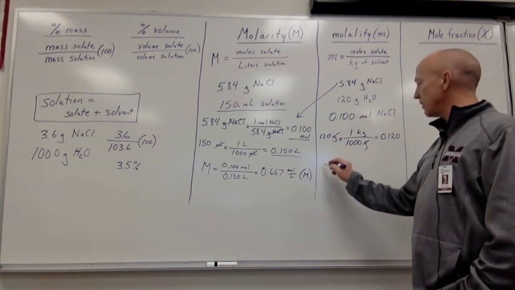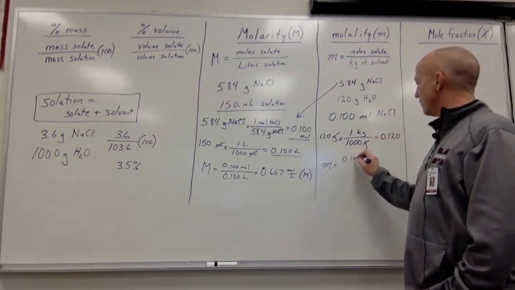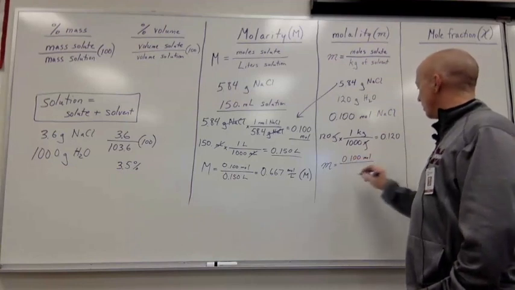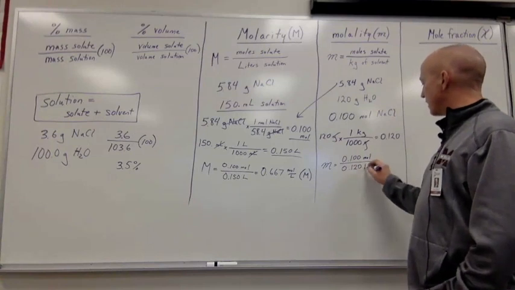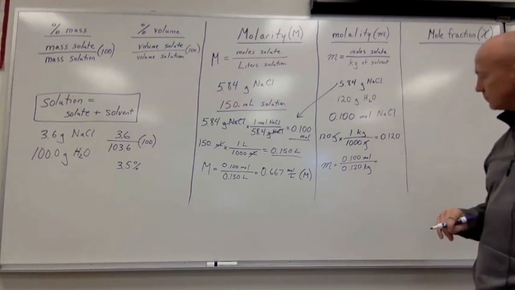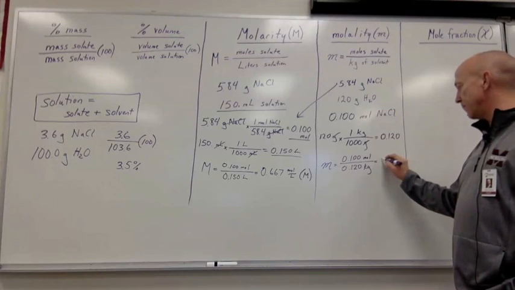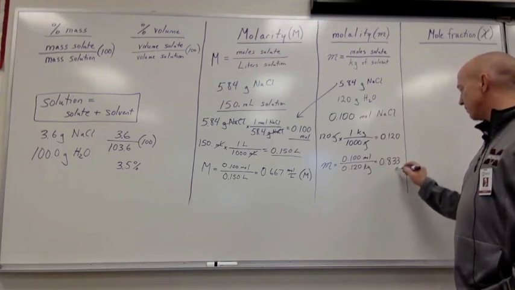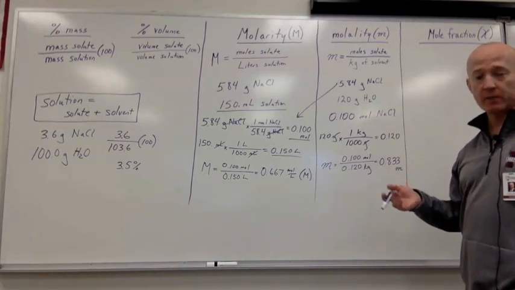So now, to find molality, we have moles of sodium chloride over kilograms of water. In this case, that's about 0.833 moles per kilogram, molal.